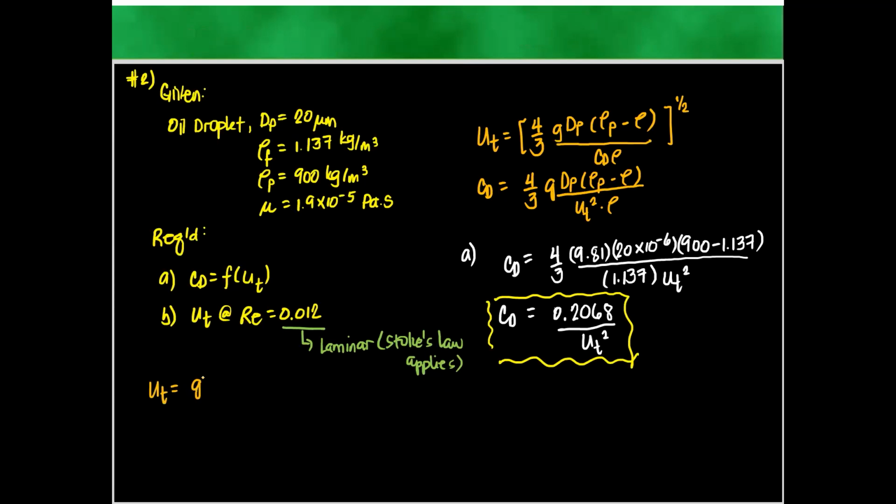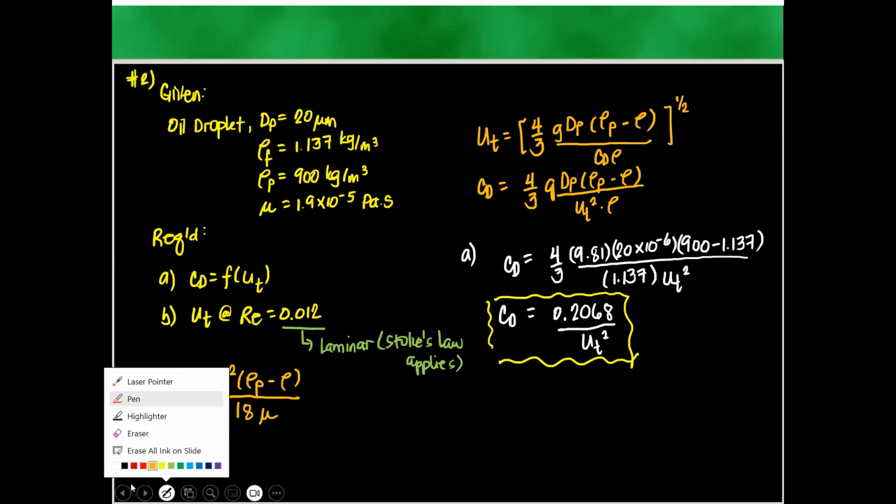UT is g dP squared (rho of particle minus rho of the fluid) over 18 mu.